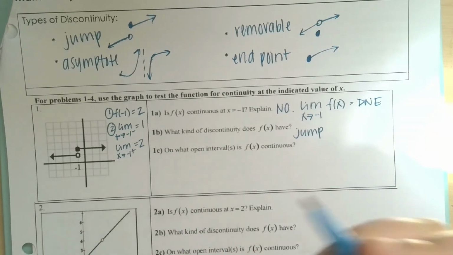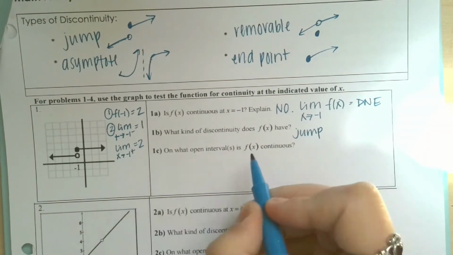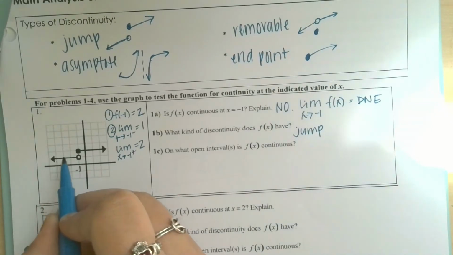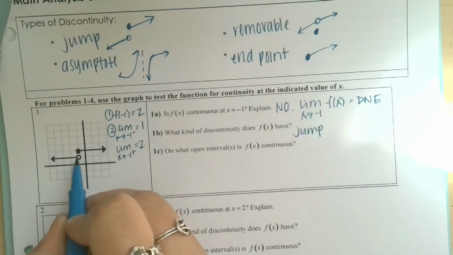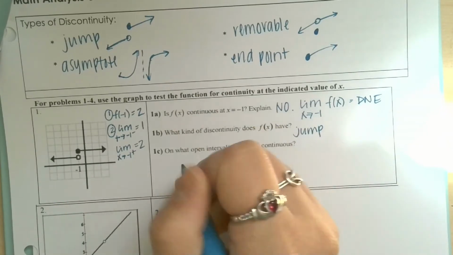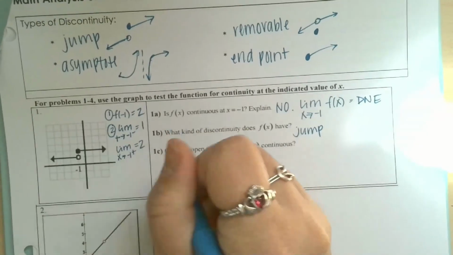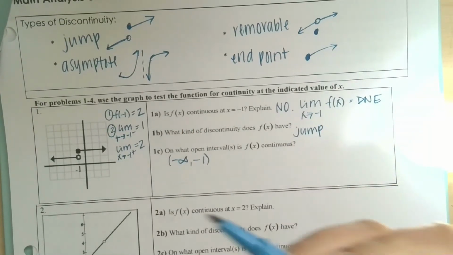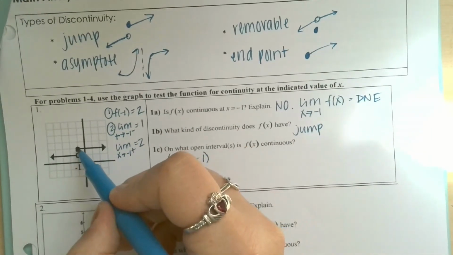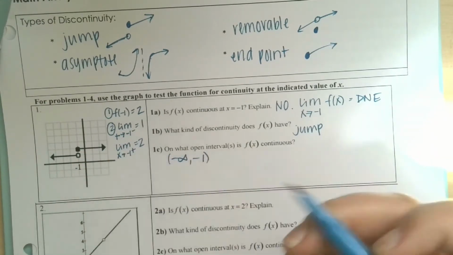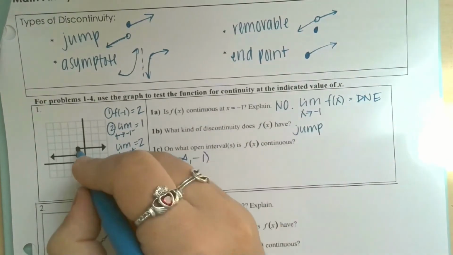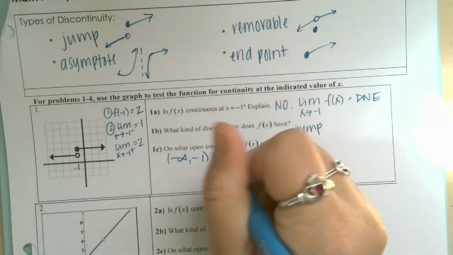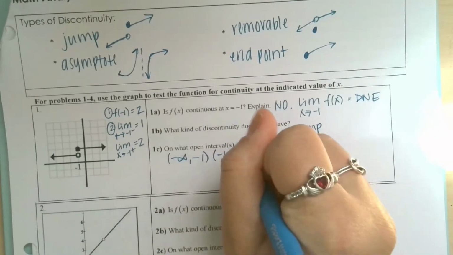If you're drawing your function all the way from negative infinity, you can draw it, and then once you get to -1, that's where you have to pick up your pencil. So the first interval is from negative infinity to -1. For the second interval, we can start at -1 and keep going towards positive infinity, and we will never have to pick up our pencil again. So our next interval is -1 to infinity.